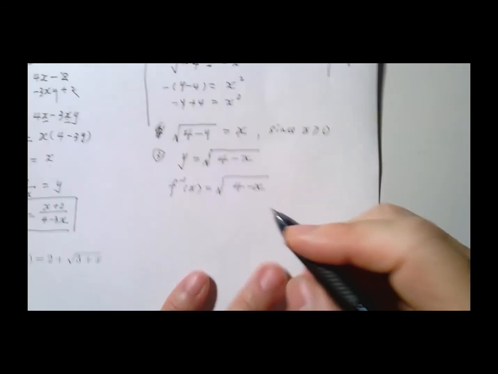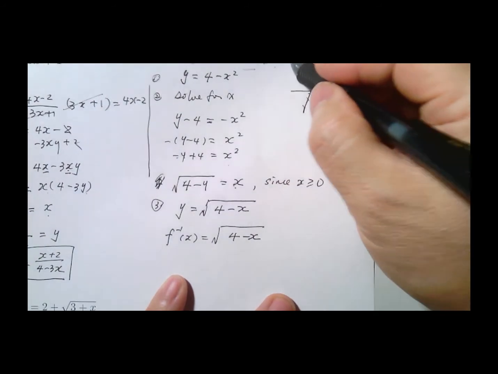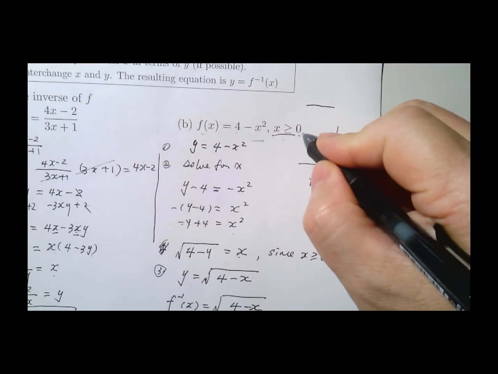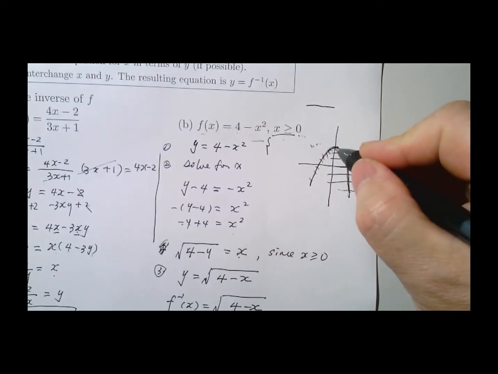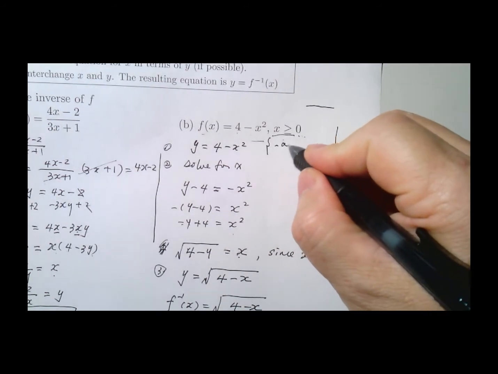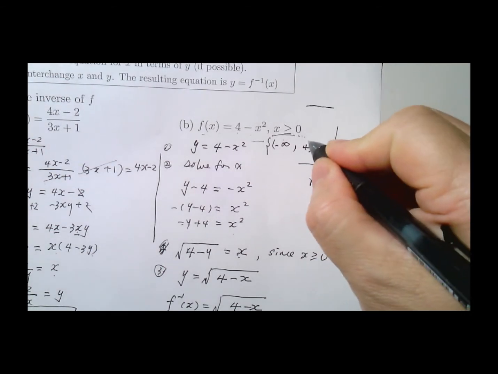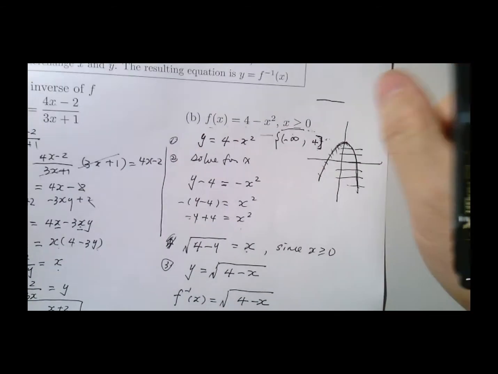But notice what happened here. For this function, the domain is x greater than or equal to 0. The range actually is from negative infinity to 4, and 4 is included.